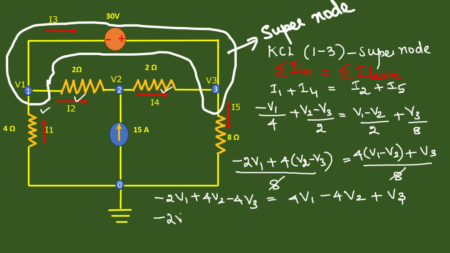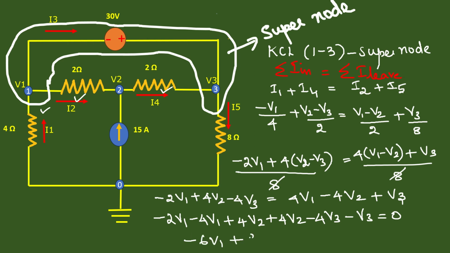Bringing it to one side, minus 2V1 minus 4V1, plus 4V2 plus 4V2, minus 4V3 minus V3, equal to 0. On simplifying we get minus 6V1 plus 8V2 minus 5V3 equal to 0. This is our first equation.